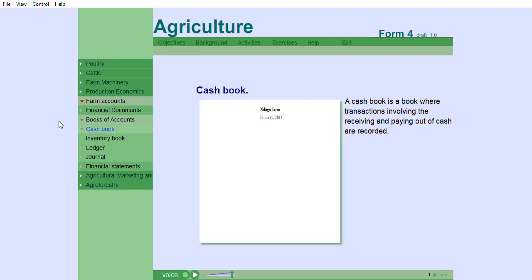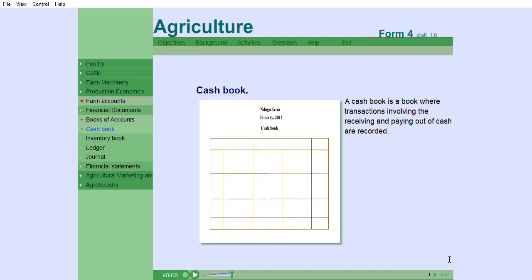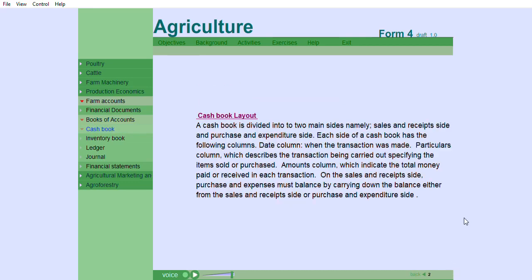cash book. A cash book is a book where transactions involving the receiving and paying out of cash are recorded. A cash book is divided into two main sides, namely sales and receipts side and purchase and expenditure side.